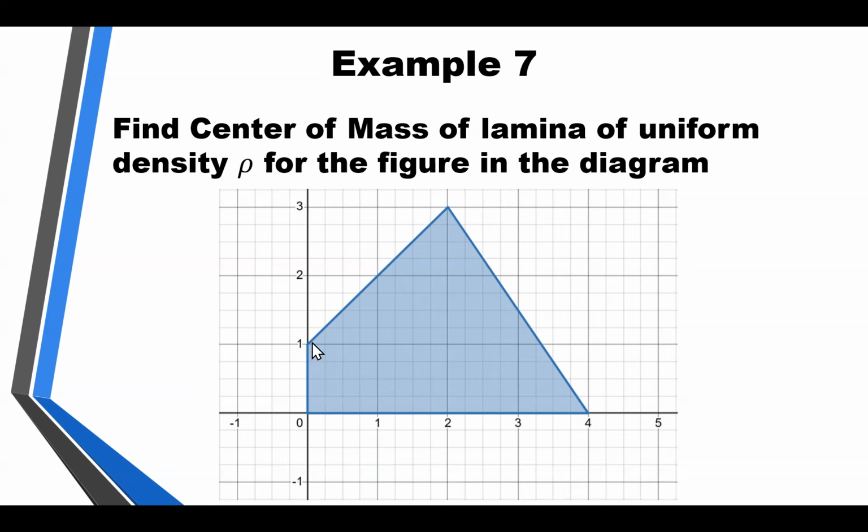Now, the issue with this picture, it's not an issue, but if we are drawing our rectangles for our moments about the x-axis and the moments about the y-axis, you'll notice that from x value of 0 to x value of 2, the top of this rectangle is going to be determined by one line.